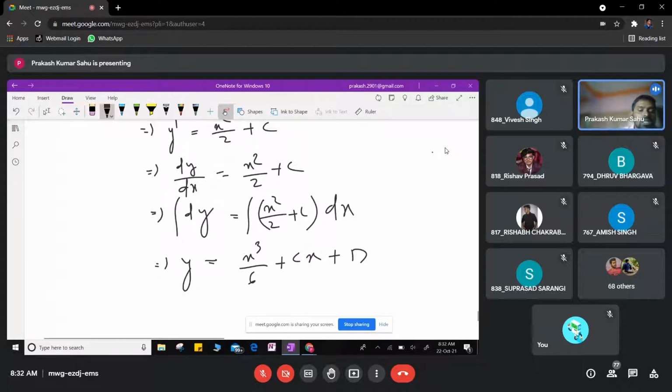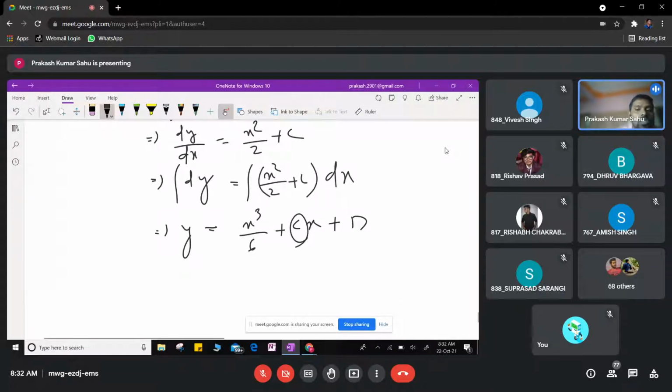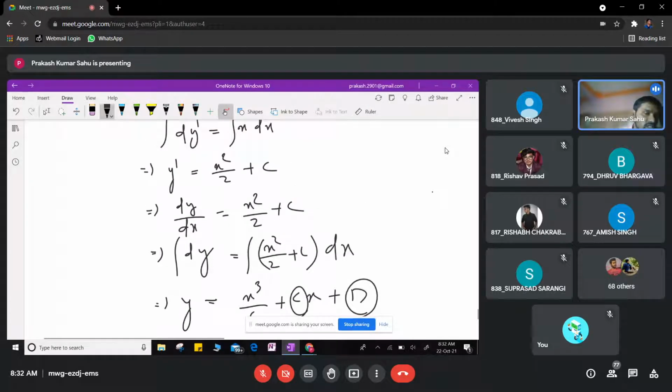Okay, so here you see the solution contains two constants, c and d. Why? Because this is a second order differential equation.